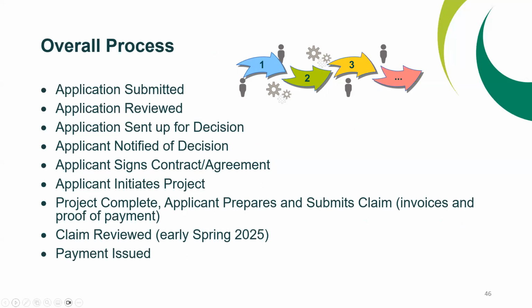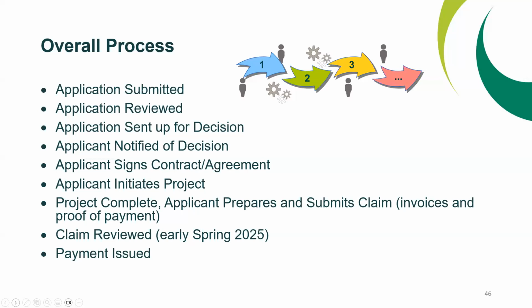So once your application is submitted, some basic information about your application is taken in, and then the applications go to review. So that's where we're rating, ranking, and looking at the different components for the particular BMP, the provincial priorities, and overall how well you've completed your application in terms of project planning.